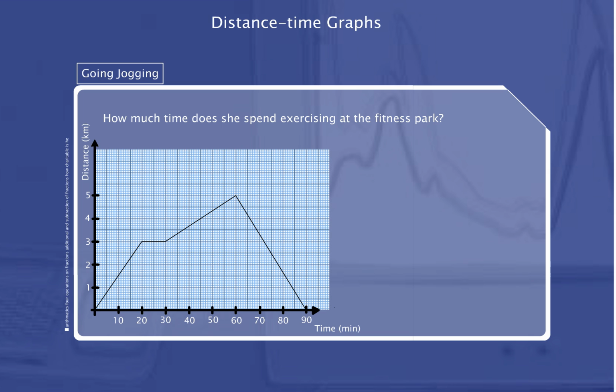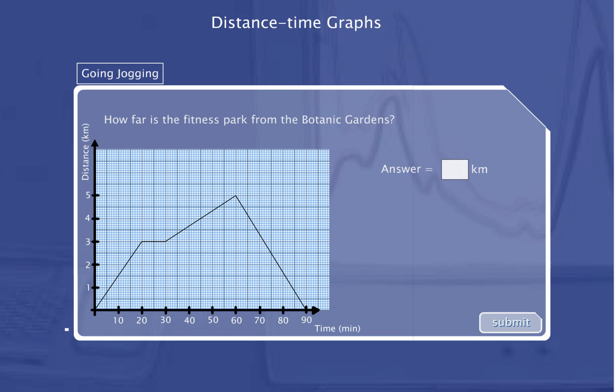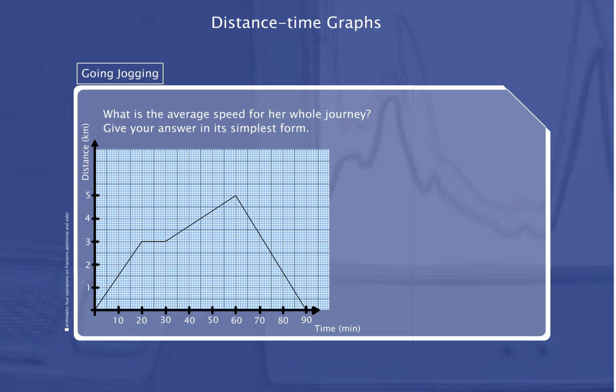How much time does she spend exercising at the fitness park? How far is the fitness park from the Botanic Gardens? What is the average speed for her whole journey?